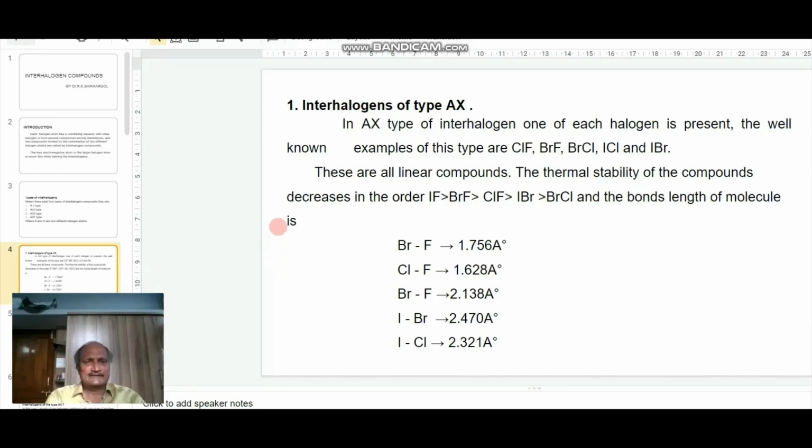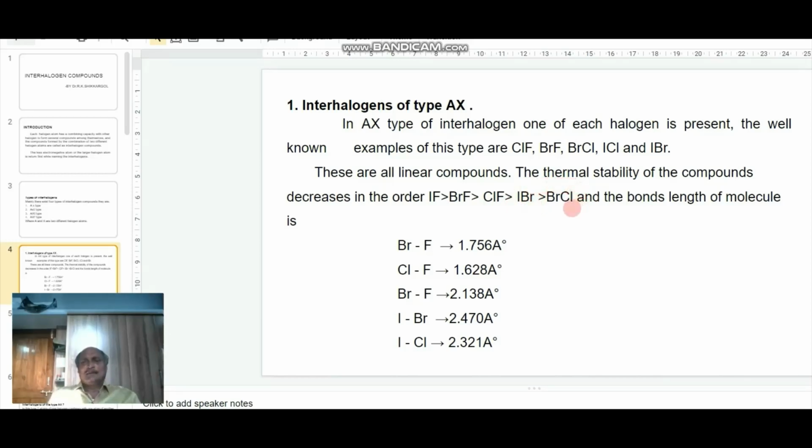Well-known examples of this type are chlorine monofluoride, bromine monofluoride, bromine monochloride, iodine monochloride, etc. These are all linear compounds. The thermal stability of the compounds decreases in the order from iodine monofluoride to bromine monofluoride, bromine monofluoride to chlorine monofluoride, chlorine monofluoride to iodine monobromide.